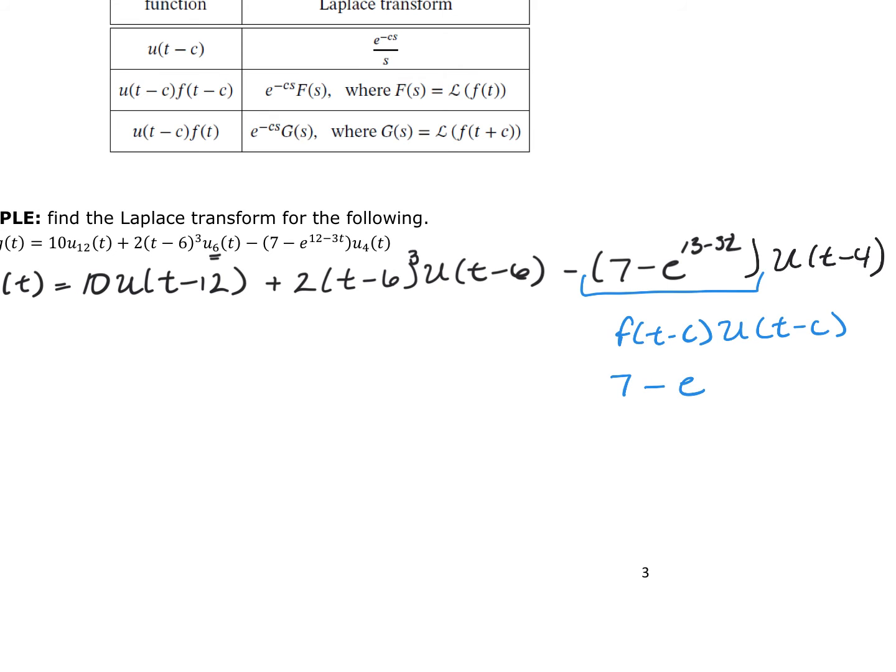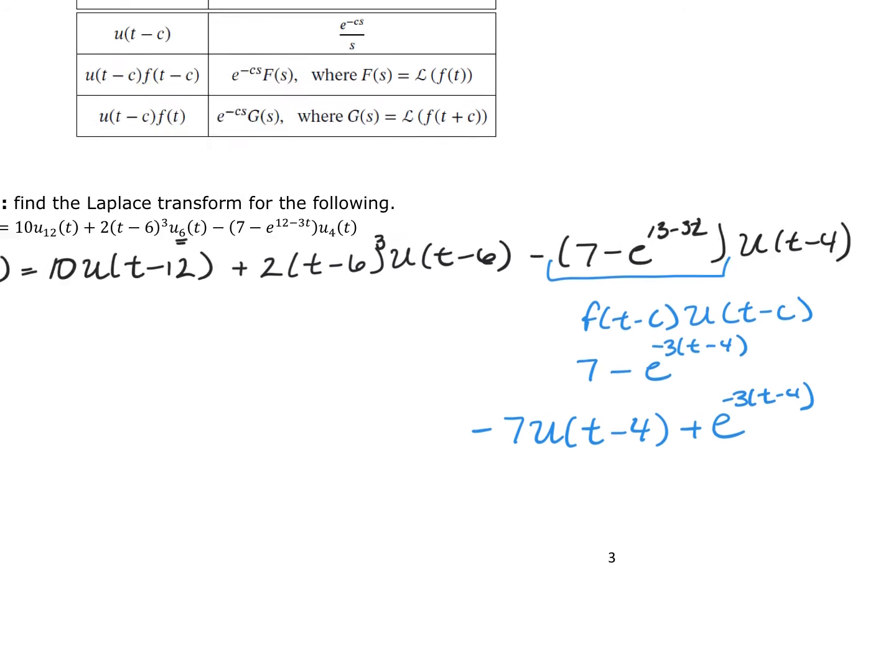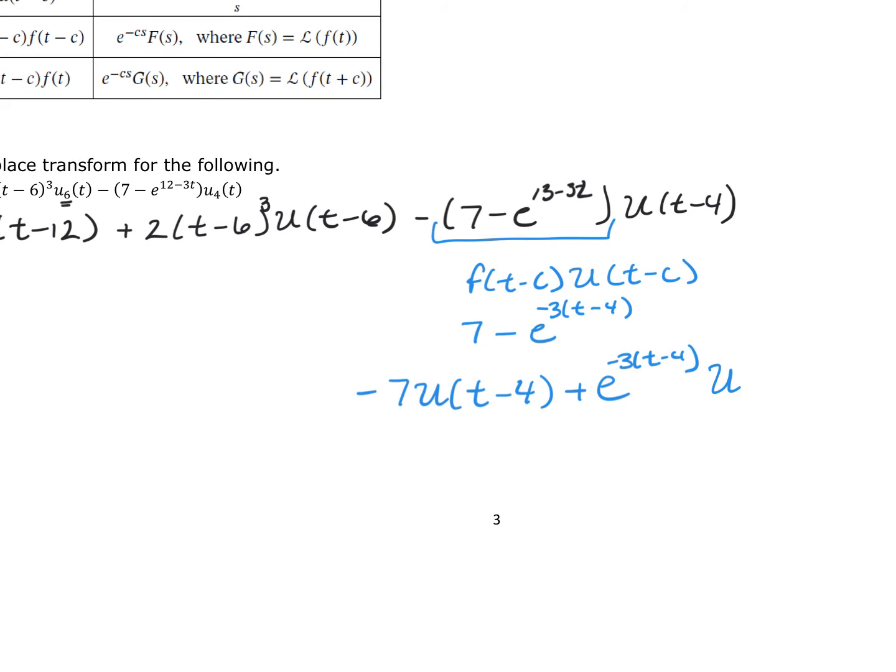Because it's t minus 4, if I factor out a negative 3, then I would have a t minus 4. So I'm going to rewrite this as negative 7 u of t minus 4, and then plus e raised to the negative 3 t minus 4 u of t minus 4.